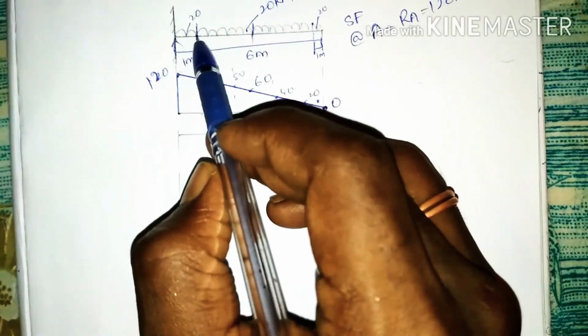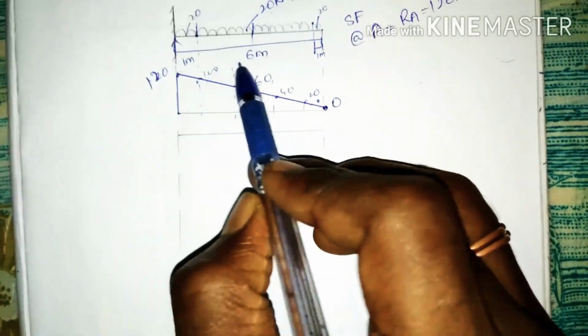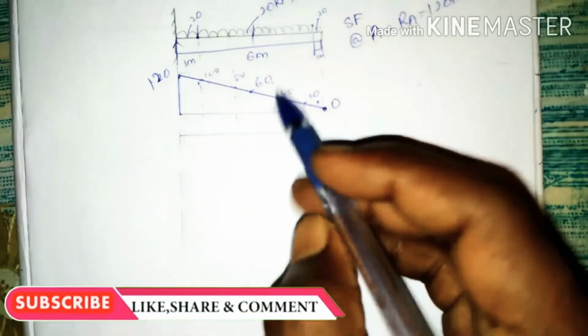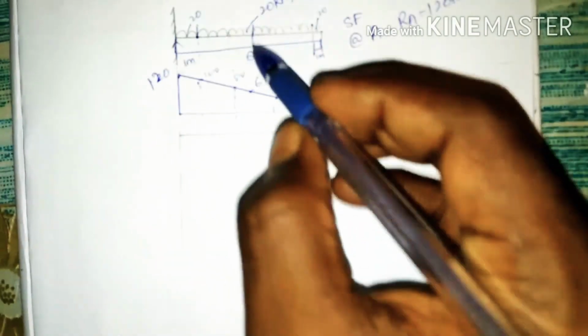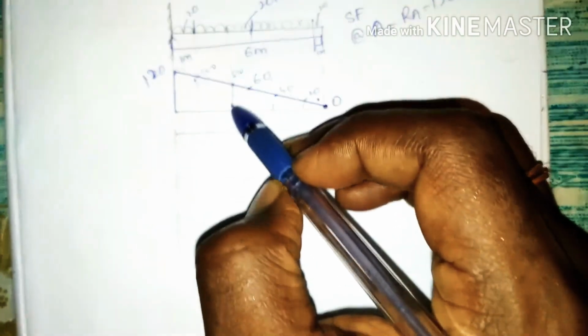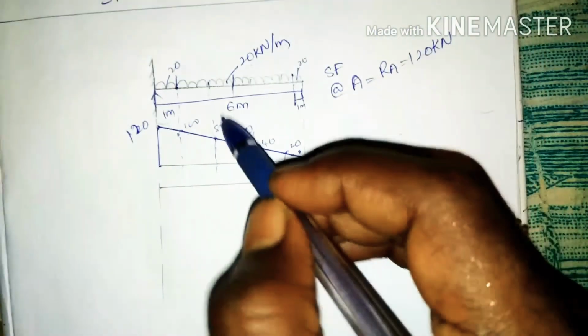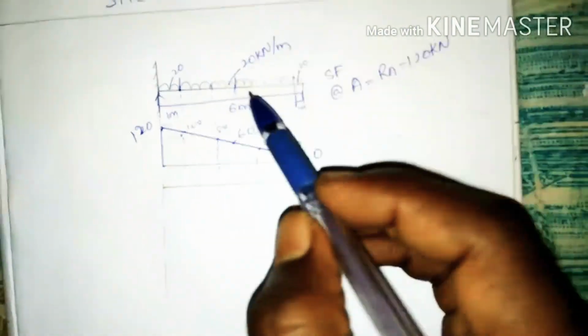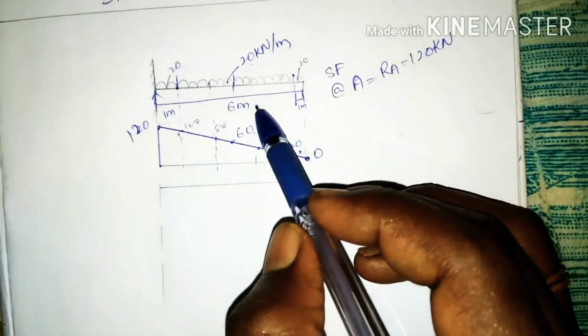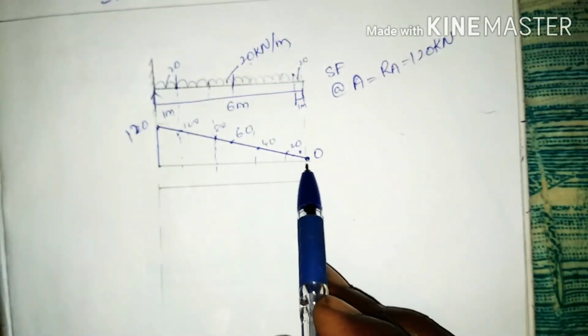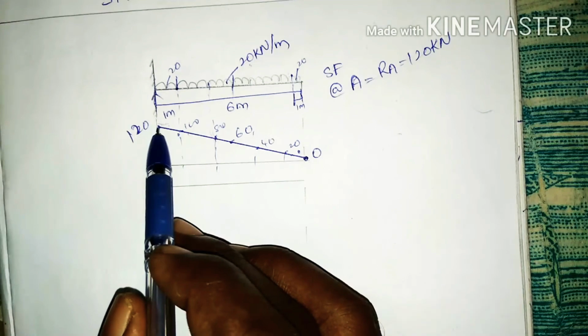This is 1, and the moment up to here is 20 into 5, 100, and for here 20 into 4, that is 80. If the span is 4 meters, then the 20 kilonewton is multiplied with the distance of 4 meters, then the value is going to be 80. So it goes on increasing.